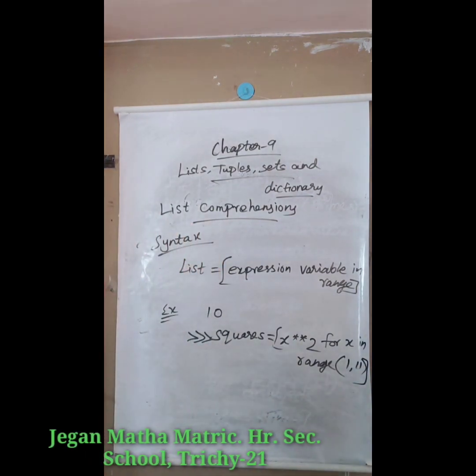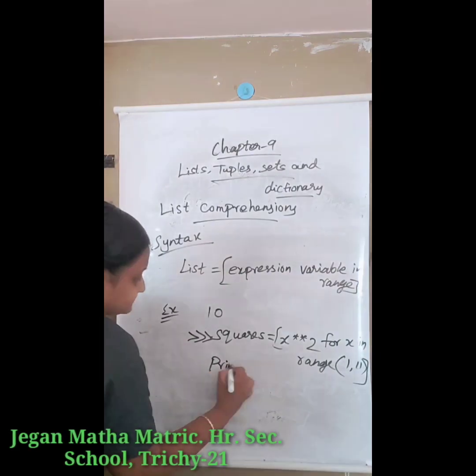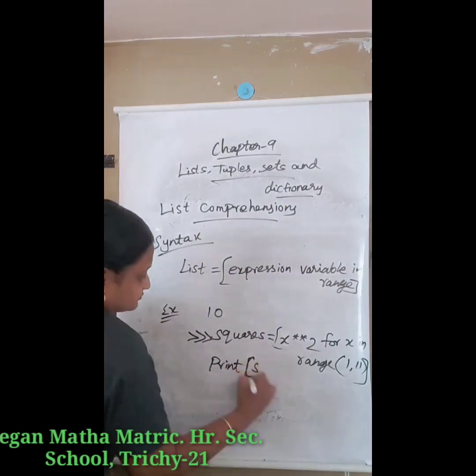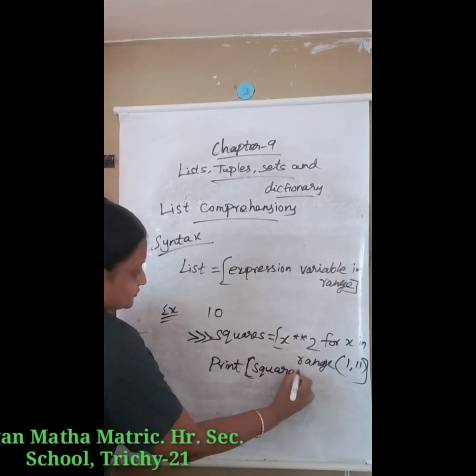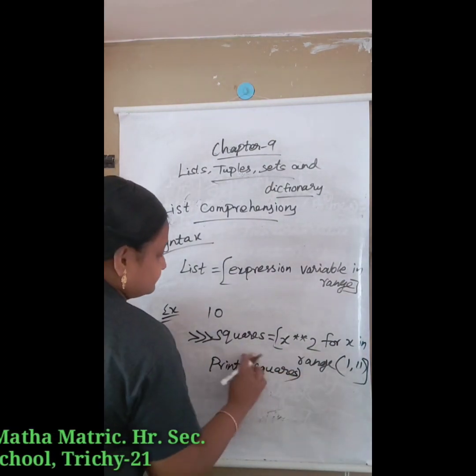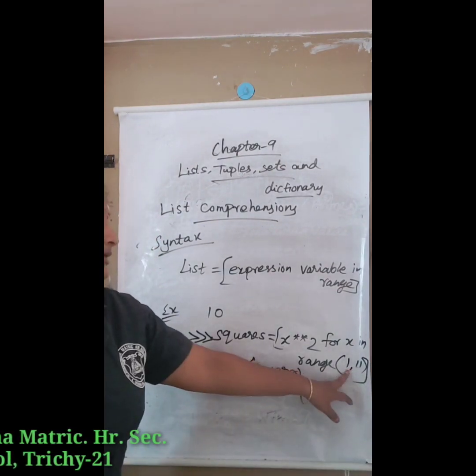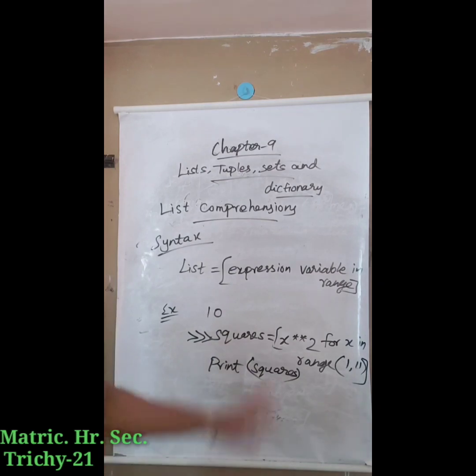So this is the syntax, and the next one is print square. We just print the values. Here we start with the value 1 and end with 11.